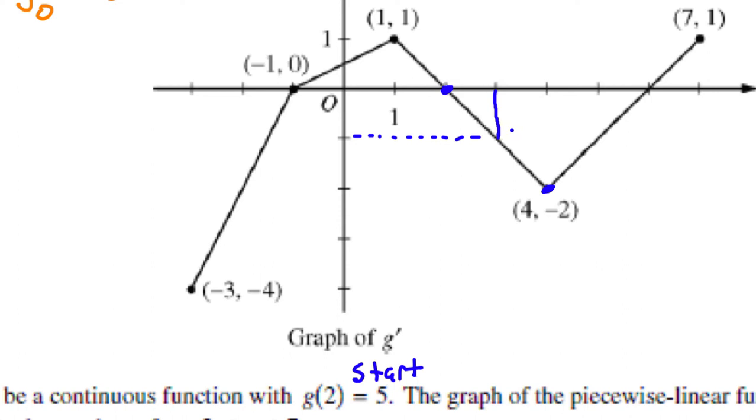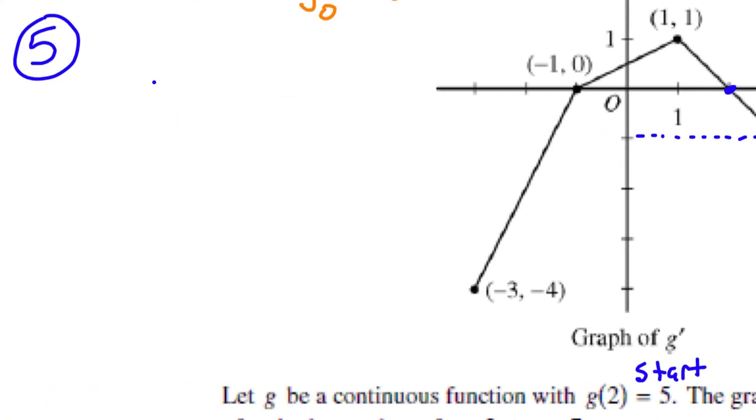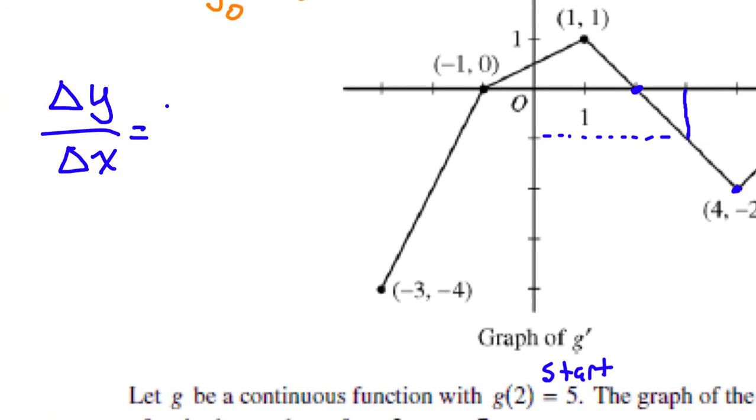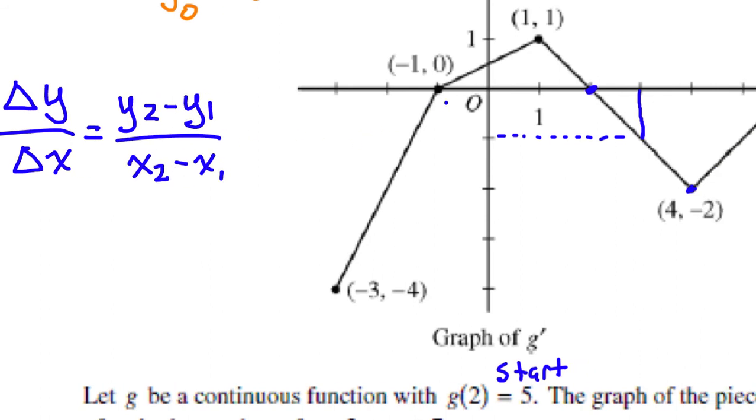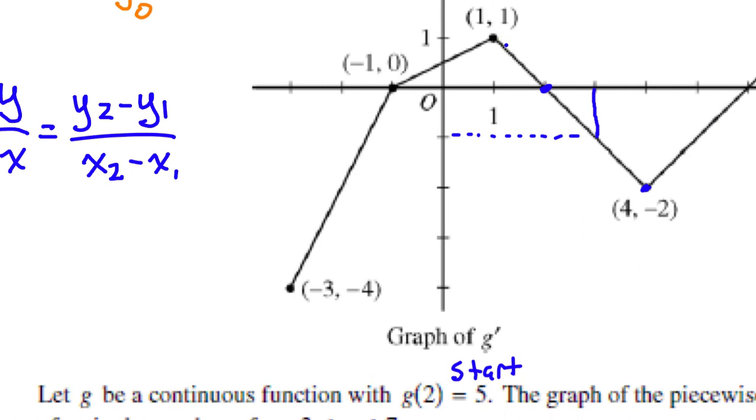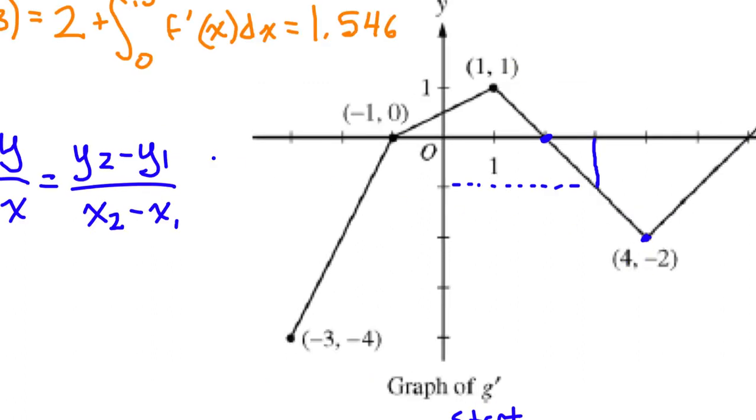If you don't know that, you can use our old-fashioned formula, which is delta y over delta x. You can also use the y2 minus y1 all over x2 minus x1 formula. Our y2 is going to be -2 minus 1 all over x2, which is 4 minus 1.